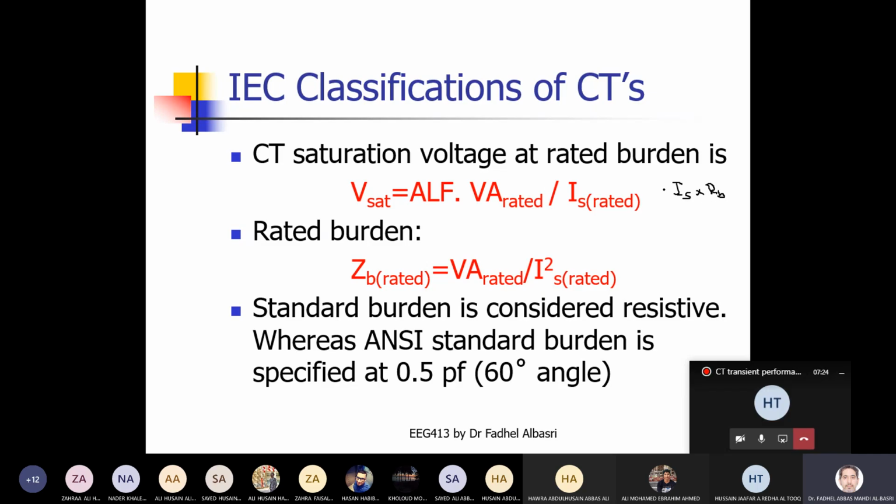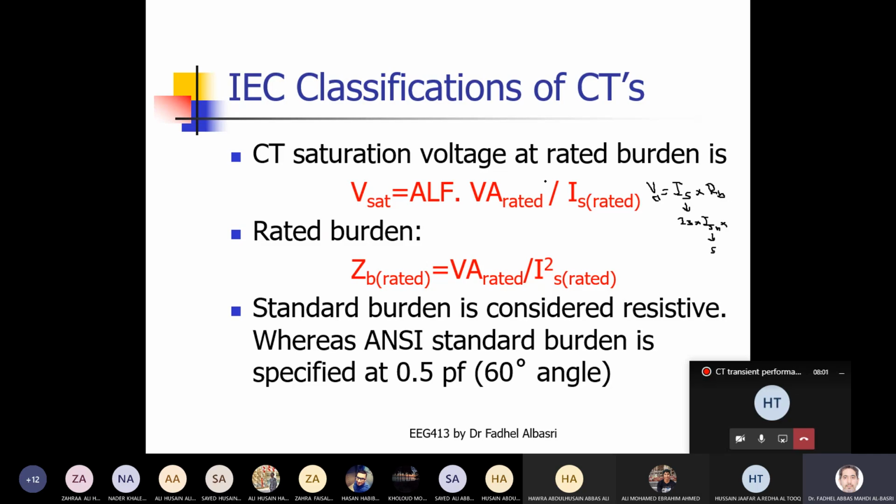That gives you the voltage class. And this is defined as 20 times I secondary nominal, which is 5 ampere nominal according to IEEE, times the burden, of course at the nominal burden.